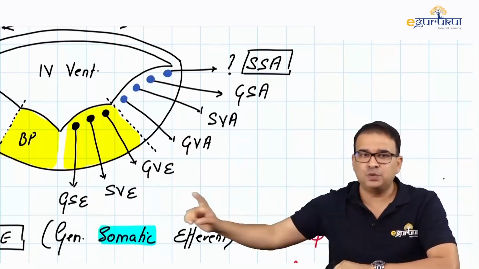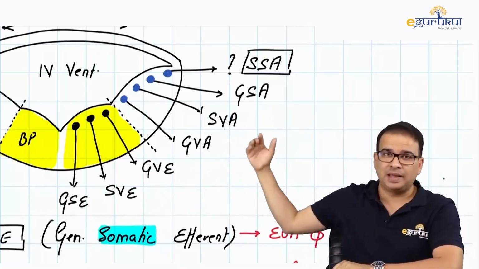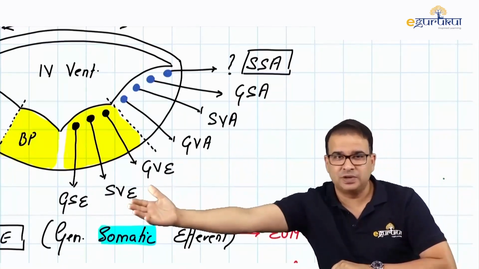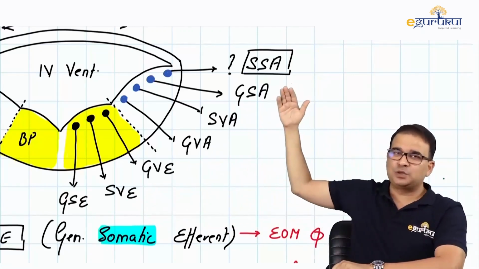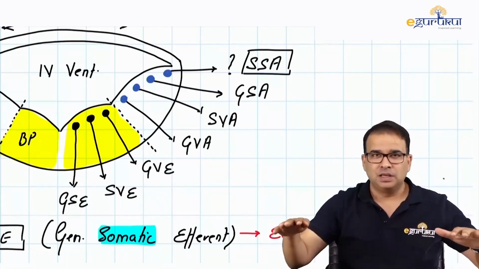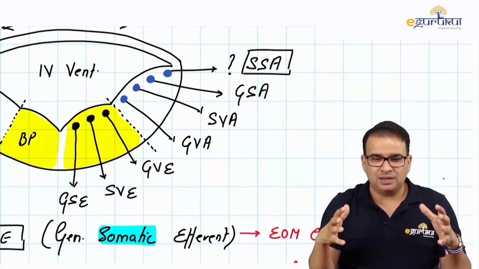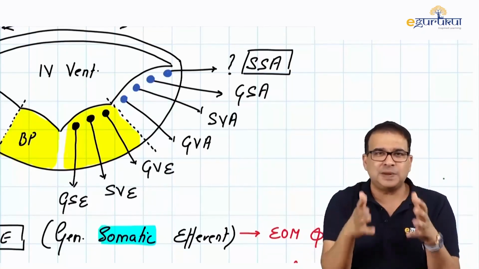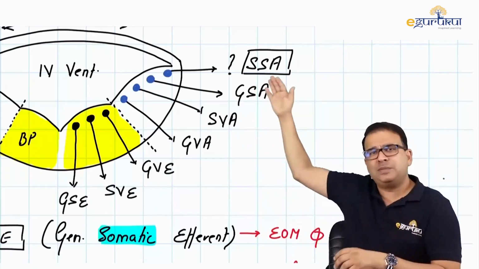One important thing here, guys, is that we cannot change the sequence of the columns. GSE is the first, or the medial-most column, and SSA is the lateral-most column. That is how you will see the spread of the cranial nerve nuclei also. So when you look at the brainstem and the vestibulocochlear nucleus, you expect to see it very much toward the lateral side.